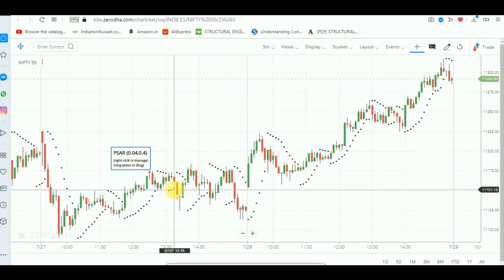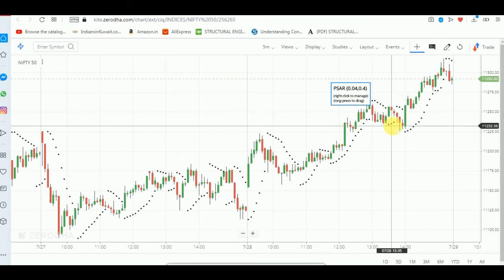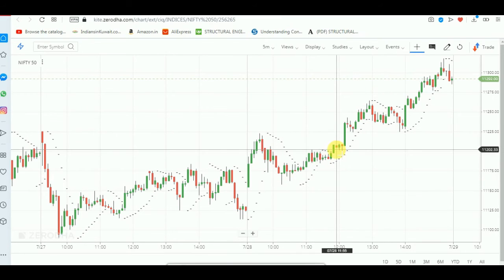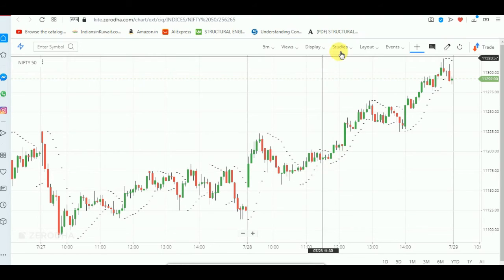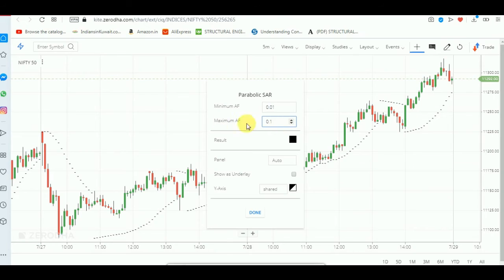Here also you see small breaks or small noises, because there is no continuity in the direction. So as much as possible this value should be minimized. As per me, this is the minimum value we can give, right? 0.01 for the minimum AF and the maximum will be 0.1.